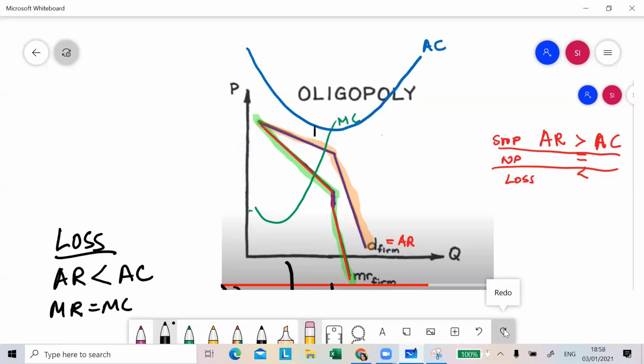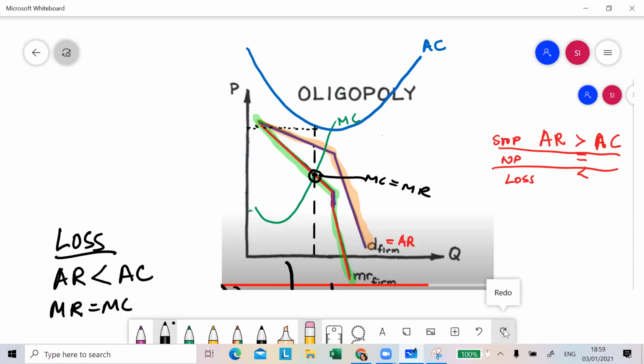Now, identify the point where MC equals MR and draw the dotted lines. Now, make sure you draw the parallel lines towards the quantity axis where the dotted line meets average cost and average revenue. So I'm going to identify those points.